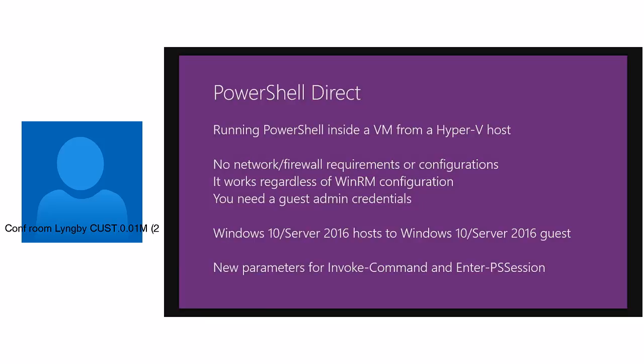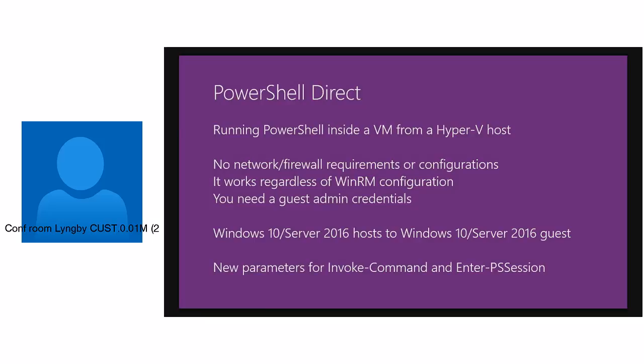It works with other VMs, but we will concentrate here on Nano because with Nano it's even more crucial to have that capability to go into it without being dependent on the networking part. It also works regardless of WinRM settings, so if there is a problem with the WinRM service, you will still connect.